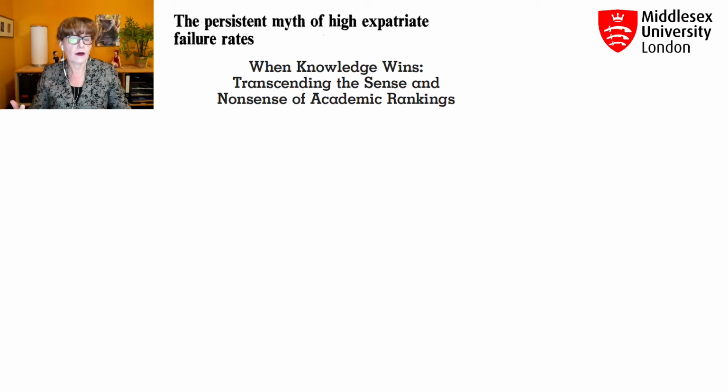Then the second one was an analysis of the detrimental effects of ranking universities and academics. And we tried to use a nice alliteration, when knowledge wins, and then the sense and nonsense to alert people that this is a nicely provocative paper.